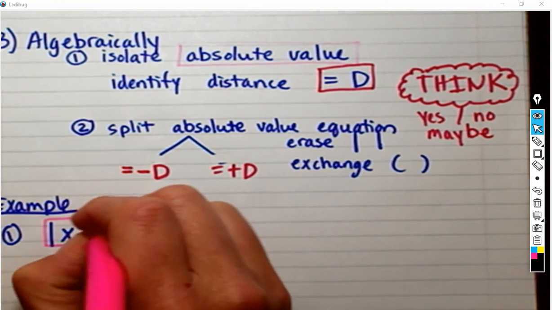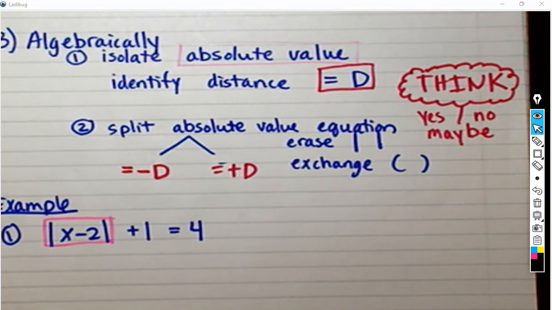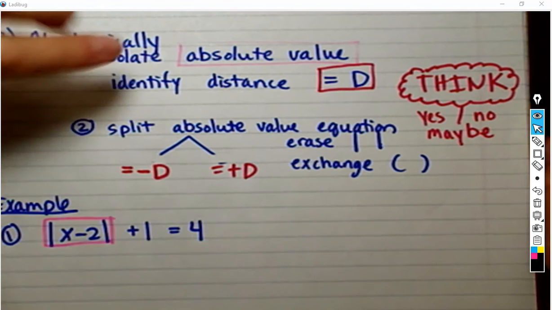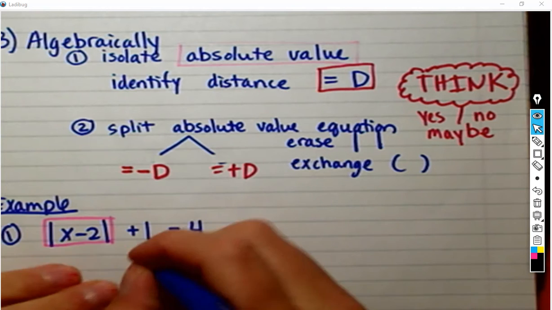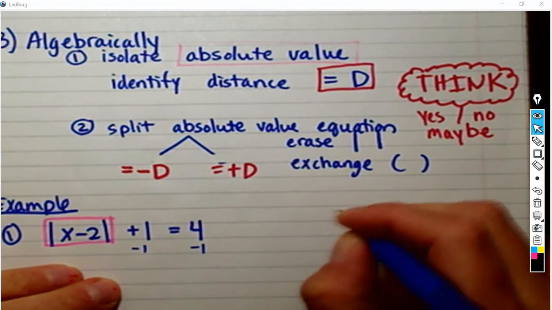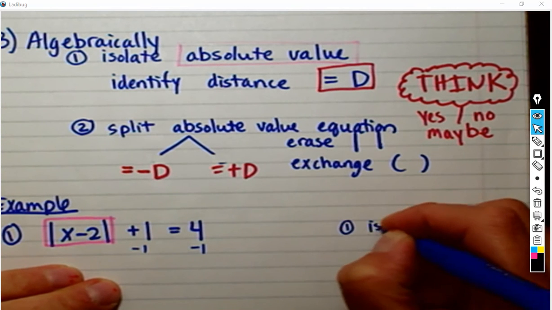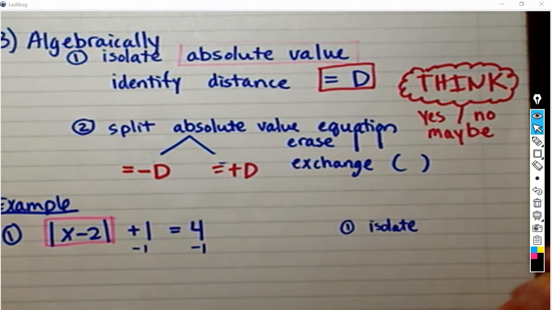There's the absolute value. That's the thing you need by itself, because whatever is on the other side is the distance. So I need to isolate this so I can determine what the distance is. So first thing I'm working on is isolate.